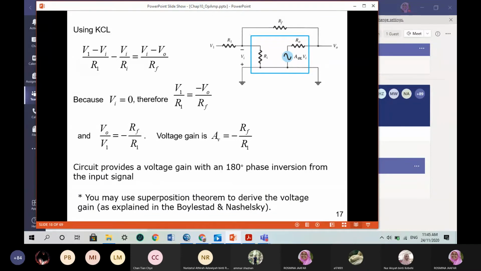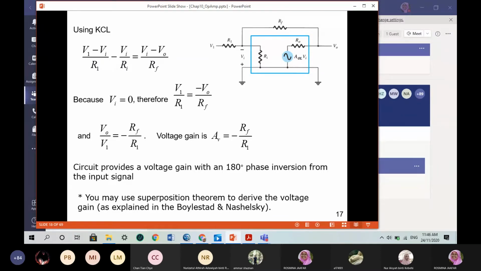Using KCL, nothing flows in the bottom, only current flows in the top path. So if you consider the voltage drop across here, across here, and the output voltage: V1 minus Vi divided by R1, this is Kirchhoff's law, equals Vi minus Vo divided by Rf.